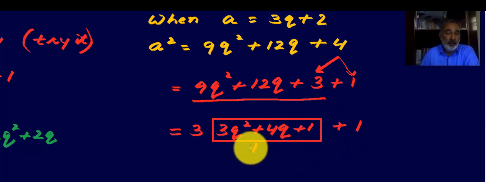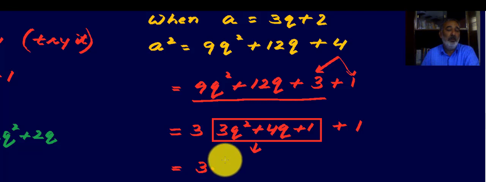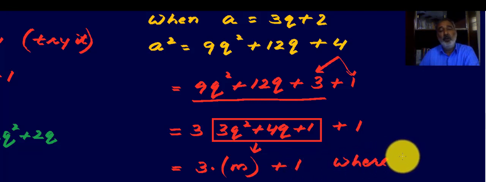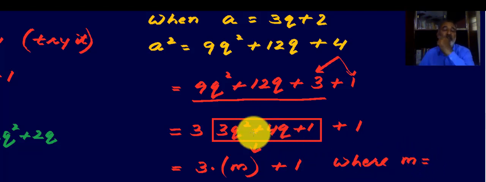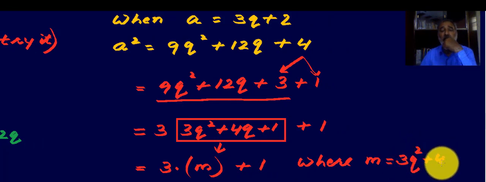If I take this value as m, I can write this as 3 multiplied by some number m, plus 1, where m is equal to, what was the value of m, write down this box, 3q square plus 4q plus 1.